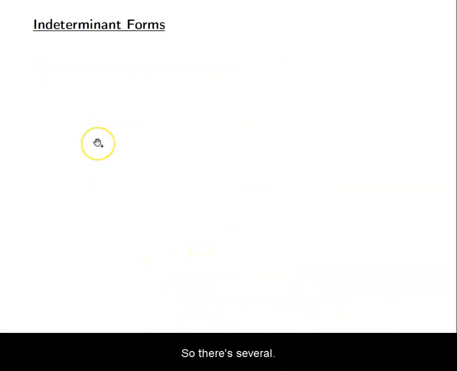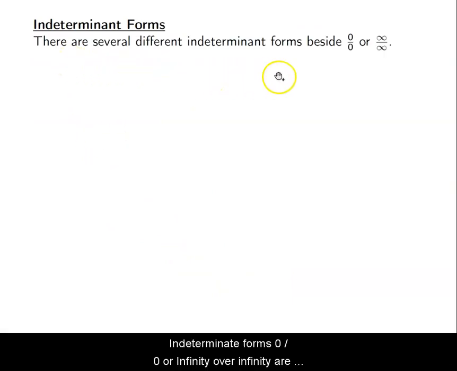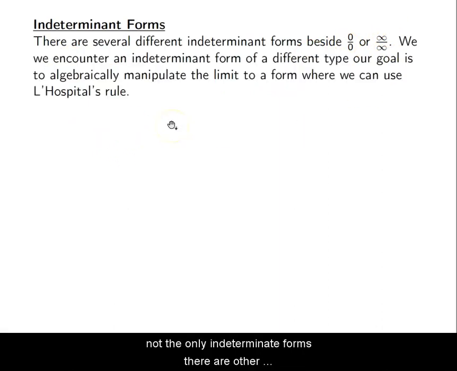Okay. So there are several indeterminate forms. 0 over 0 or infinity over infinity are not the only indeterminate forms. There are other indeterminate forms as well.